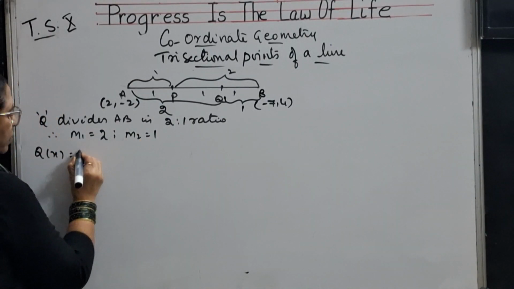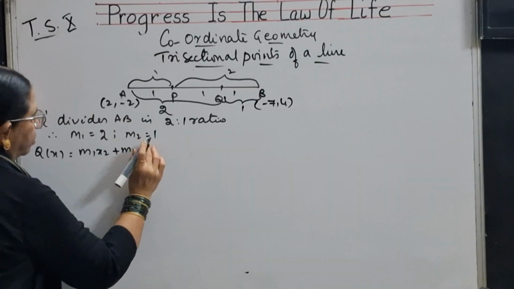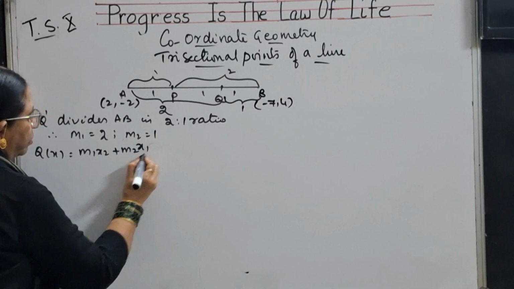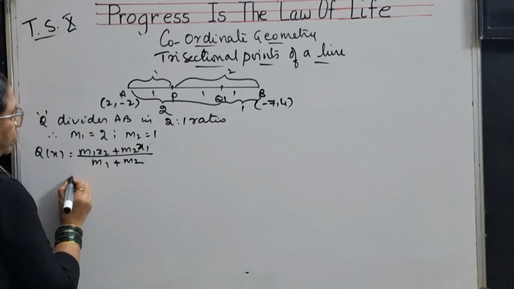Q of x is equal to m1 x2 plus m2 x1 by m1 plus m2.